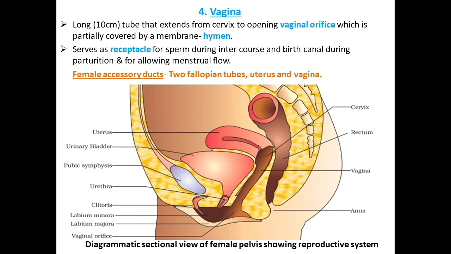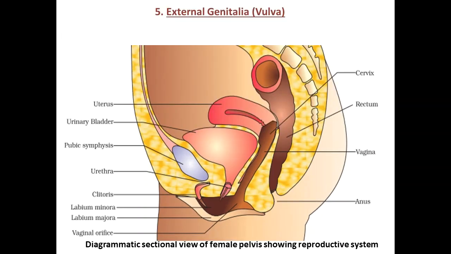Is it okay? So coming to the next, the last component of the female reproductive system is the external genitalia, also called the vulva.